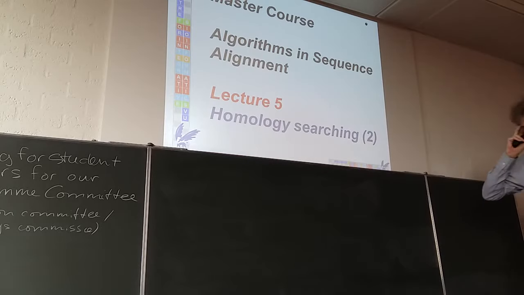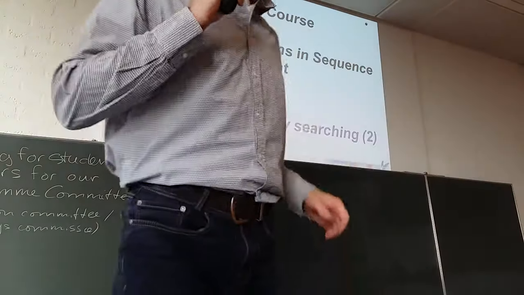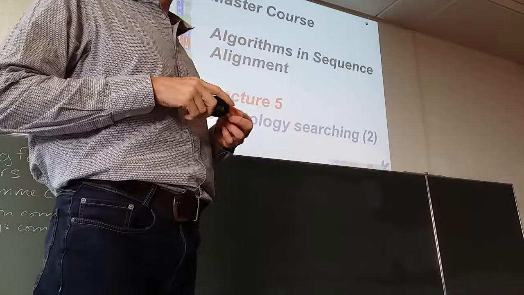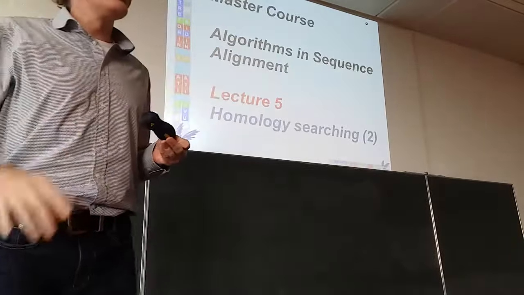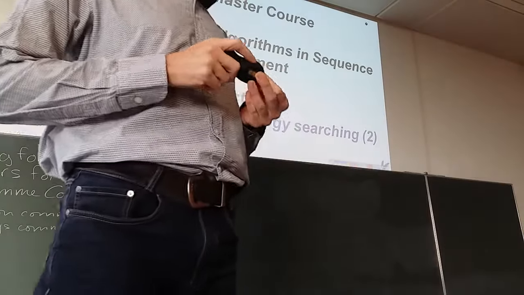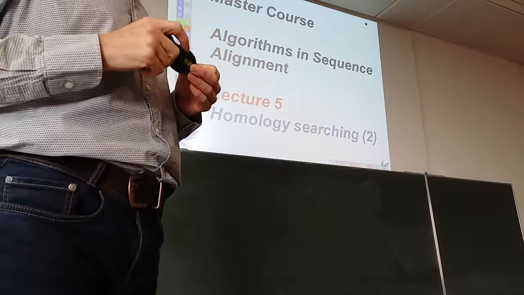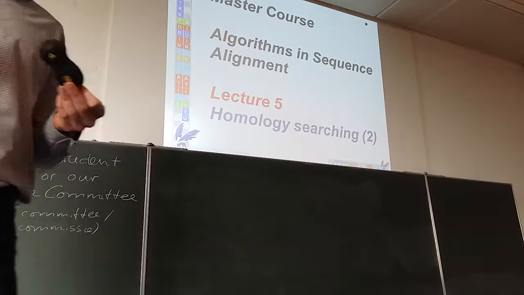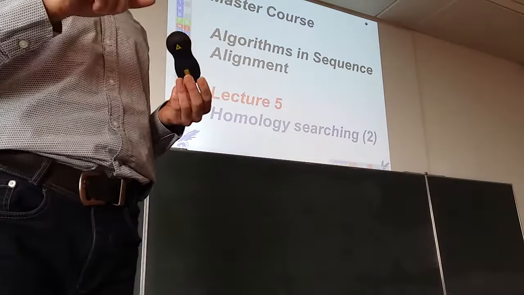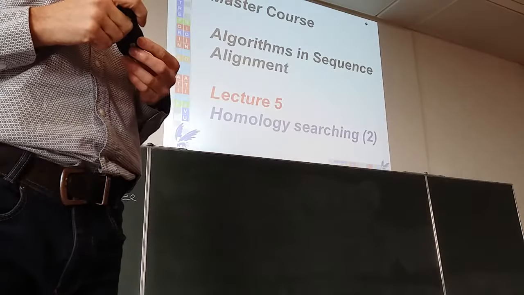So homology searching 1 was about search strategies, I guess, right? Can you give me a quick summary of what Tuesday's lecture was about? Last thing we did was hashing. Oh yes, that was FASTA, it was hashing, right. But before that, it can't all have been hashing. Traceback.